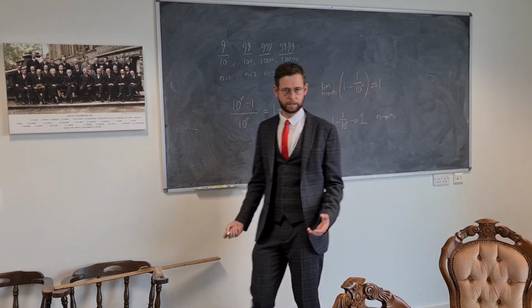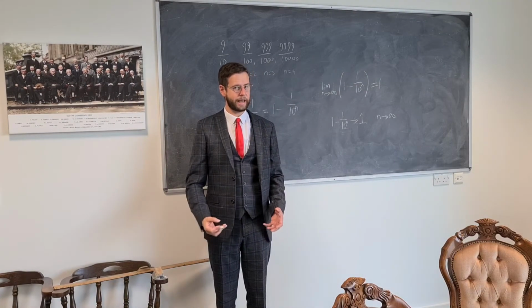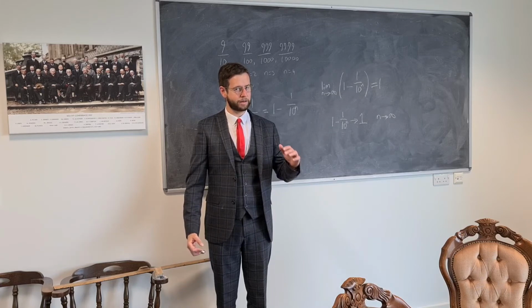And so you can see that through this notation we can now describe those functions that produce a value that gets ever closer to some particular level without ever getting there.